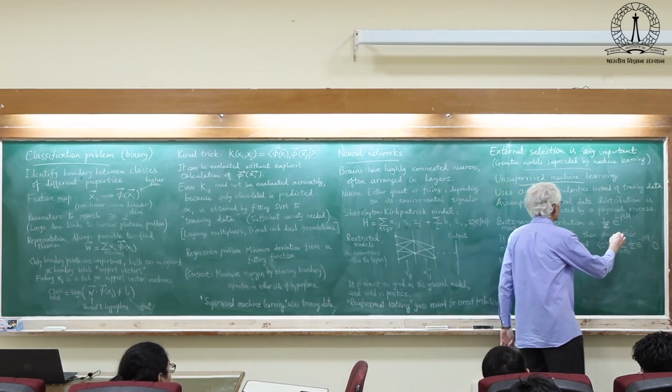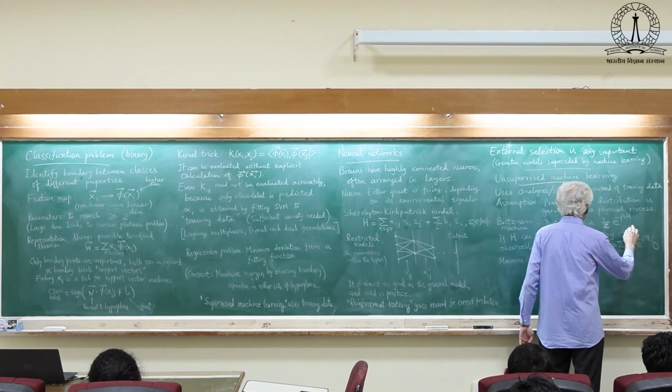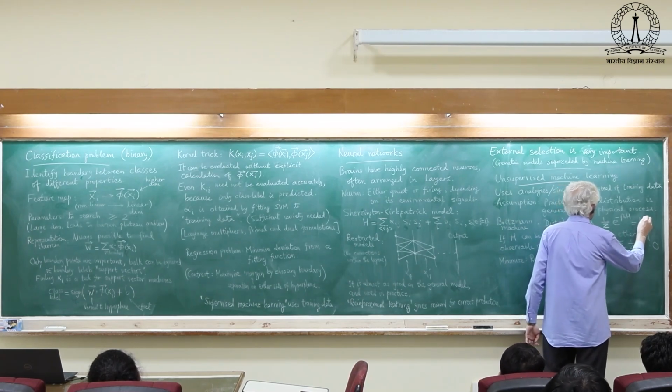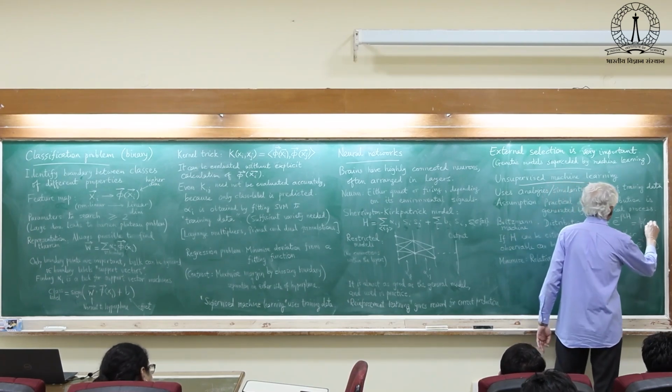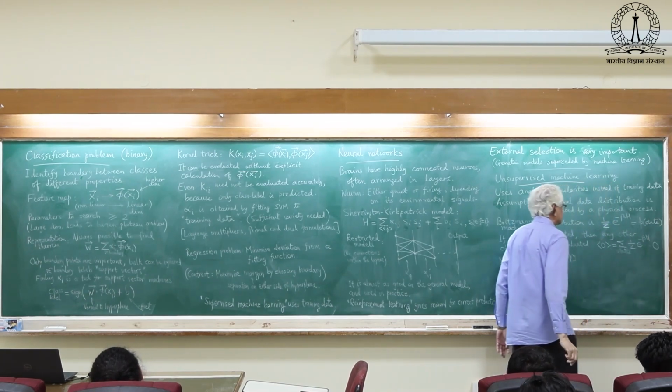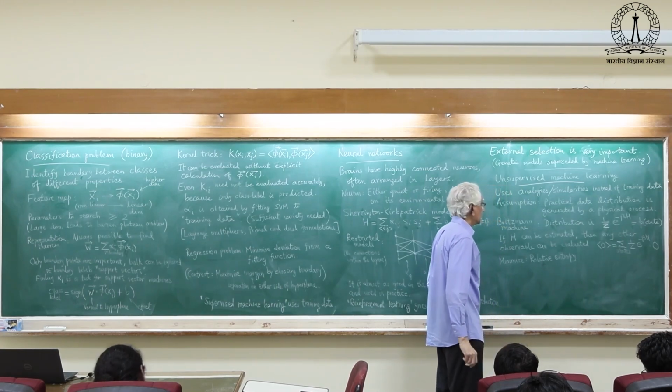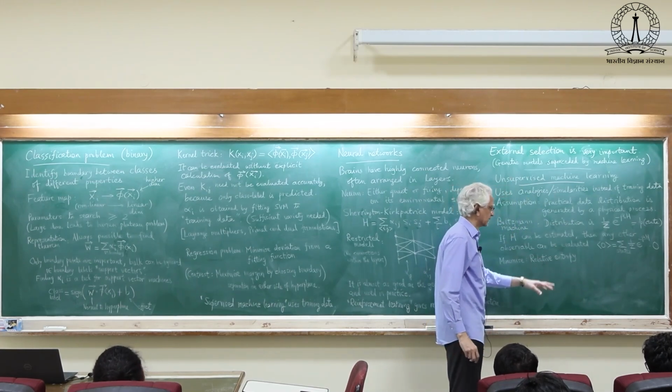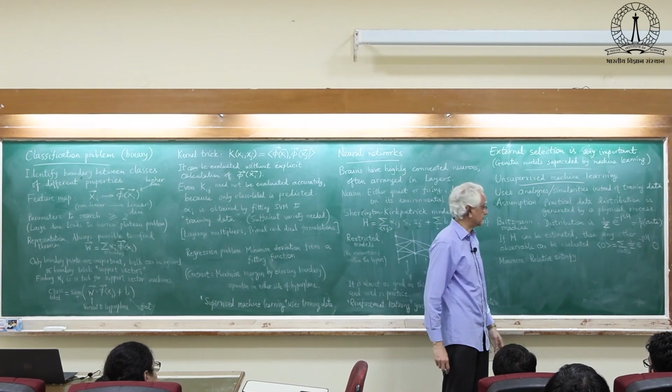So you can call this thing a probability of some state, and from that you can calculate all kinds of entropies depending on it.